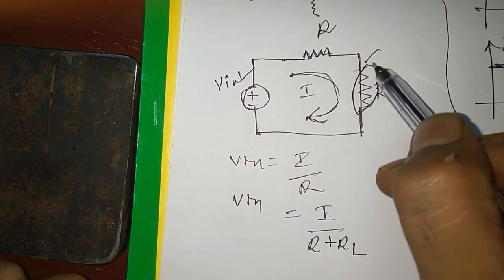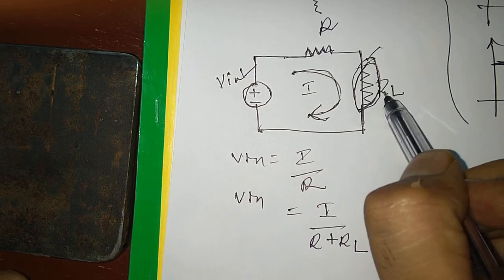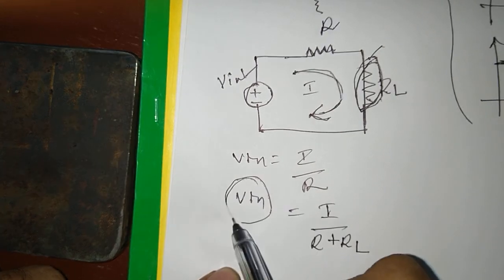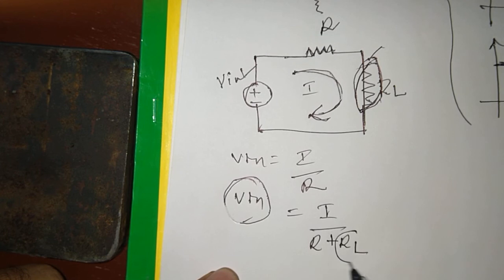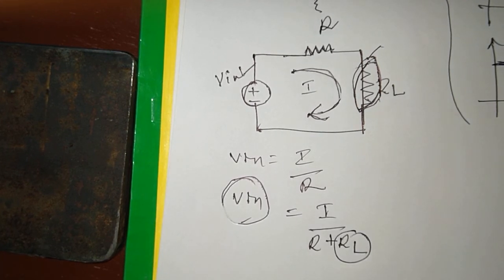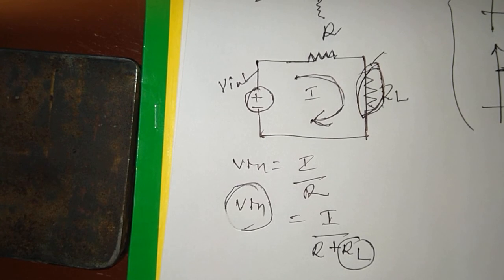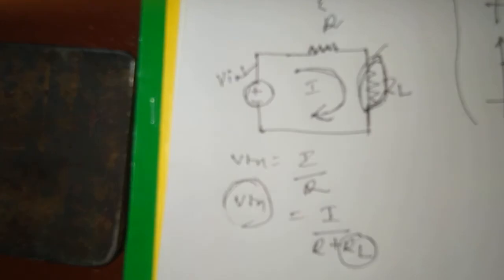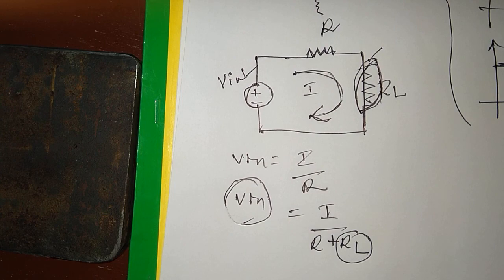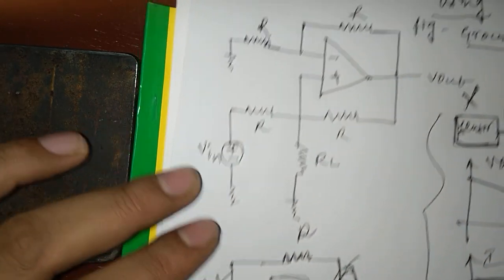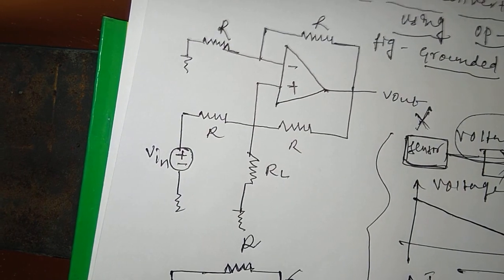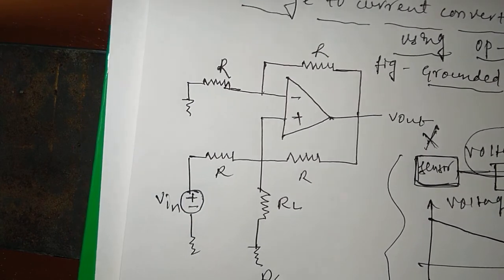Because there is a drop of voltage in the resistance RL, that is the load resistance. So your current is dependent on your load resistance, which should not be the case ideally. That means the whole voltage at the input side is not converted into current recorded at the load. So for that reason, we go for a circuit called a grounded load V to I converter. Can you see this circuit?